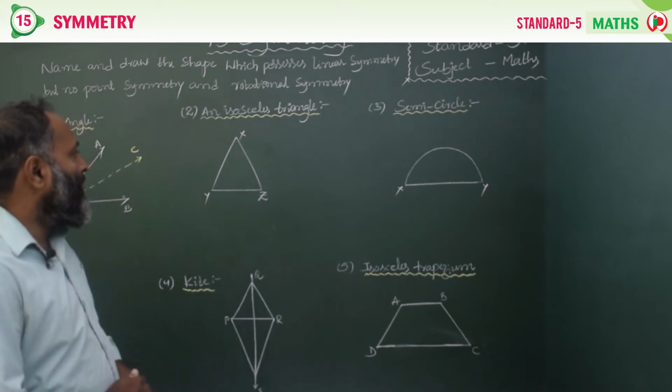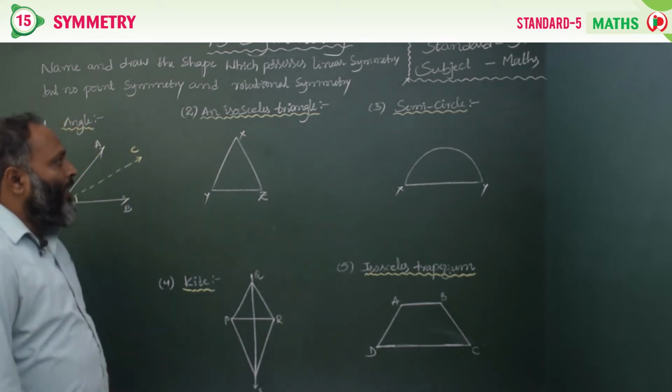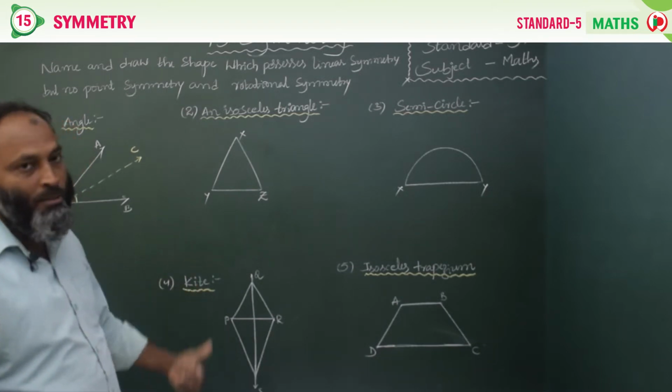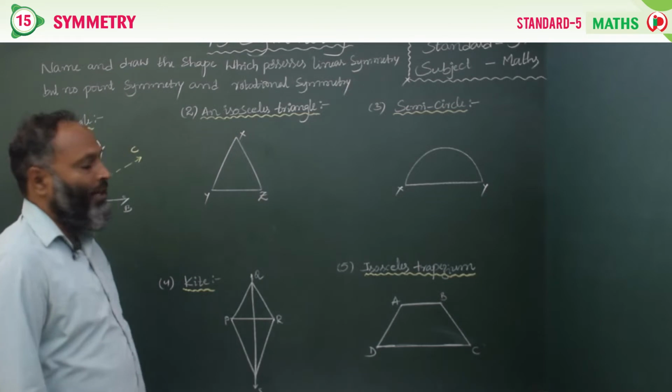Now the next, the second, an isosceles triangle. In this isosceles triangle we have a line of symmetry. How do we take the line of symmetry?